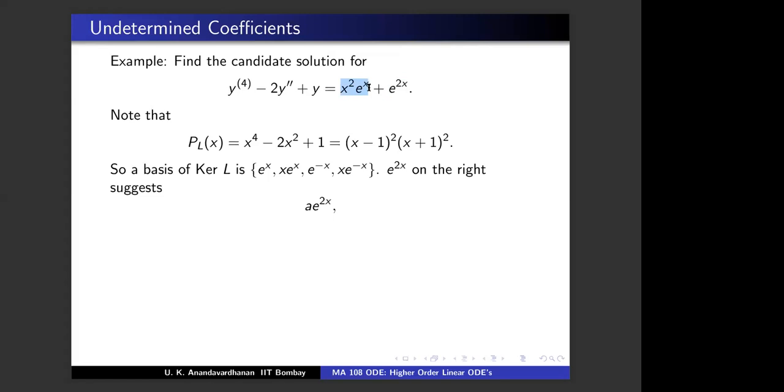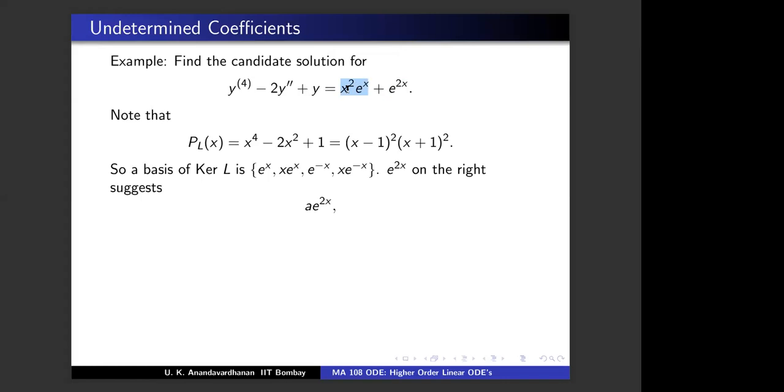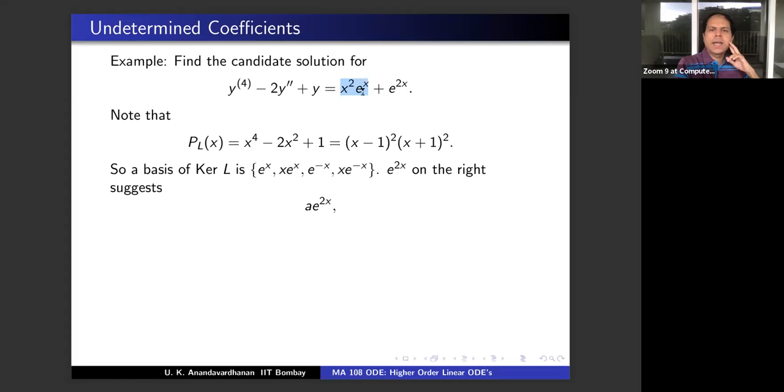x square e power x plus e power x. But x square is a polynomial of degree 2, so you have to take the general polynomial of degree 2. The constant a is already used, so what will be the general degree 2 polynomial? d x square plus c x plus d, times e power x. But do you need to modify?